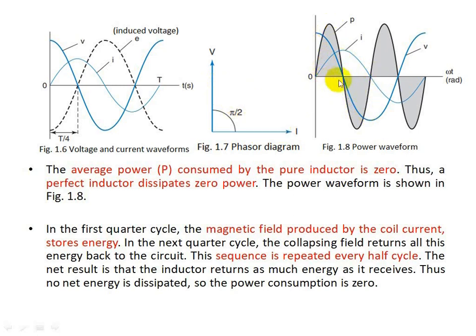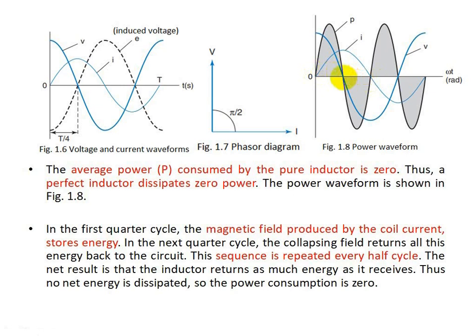During the first quarter of the cycle, the power wave is a positive cycle, and during the next quarter of the half cycle, it has a negative cycle. During the first quarter of the half cycle, the energy will be stored in the inductor, and during this negative cycle, the next quarter of the half cycle, this energy will be supplied back to the source.